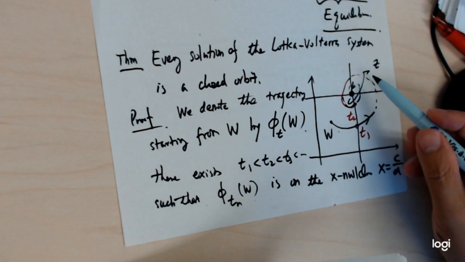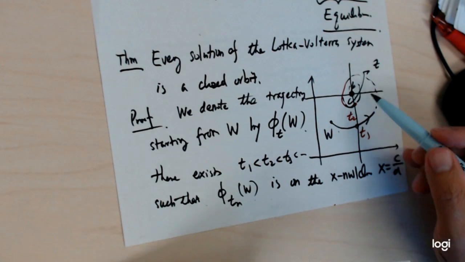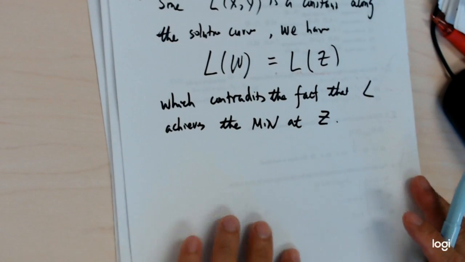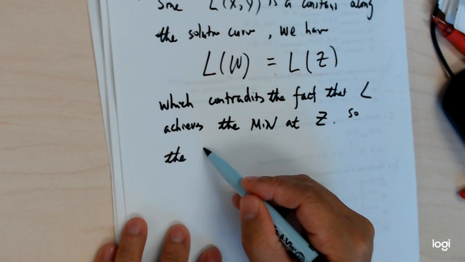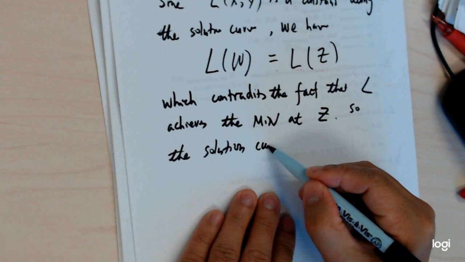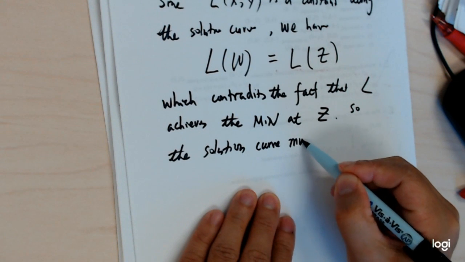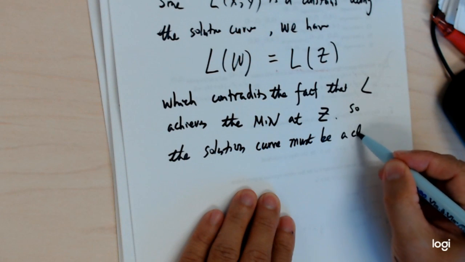Instead, it keeps crossing this x nullcline, getting closer and closer to Z instead. So that's where the contradiction comes from. And that's how we conclude that the trajectory or the solution curve must be a closed orbit.